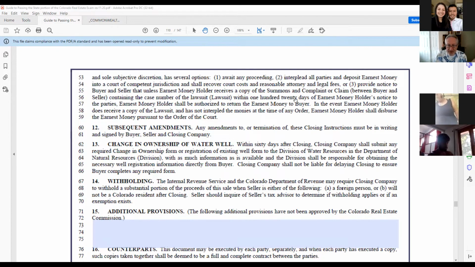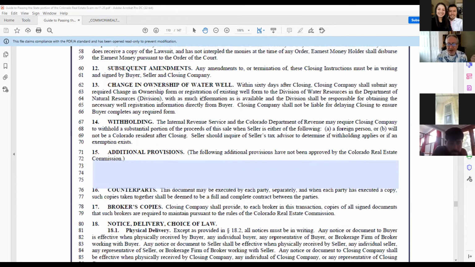That's the number, make sure you highlight it. Then the earnest money holder is authorized to return it to the buyer. So this is important, where you can see some test questions if you're understanding this form. If you're getting a well, you've got to use the forms from the state engineer's office.